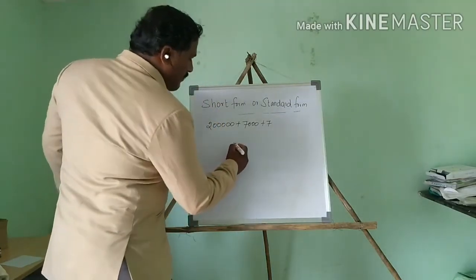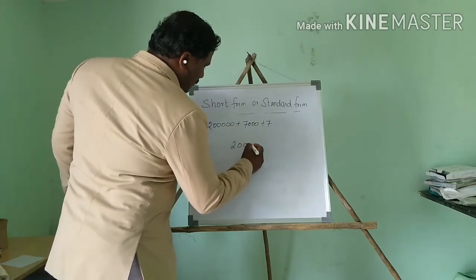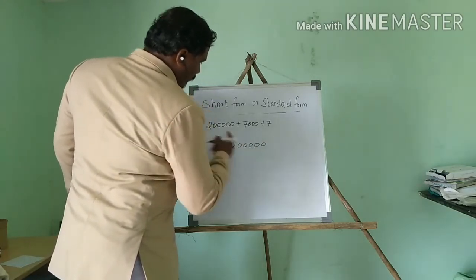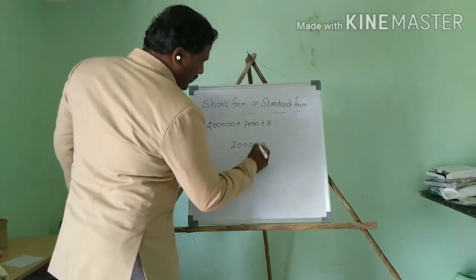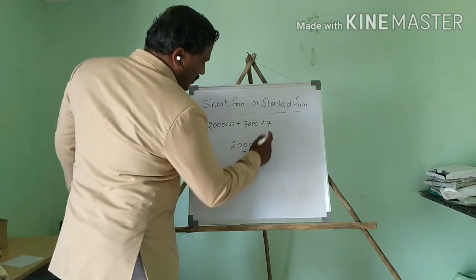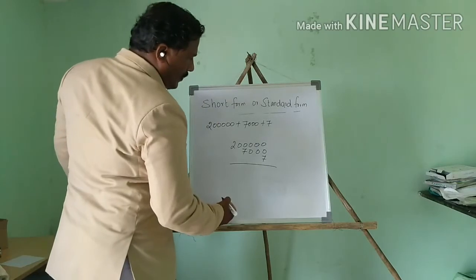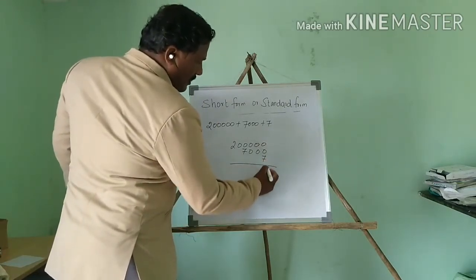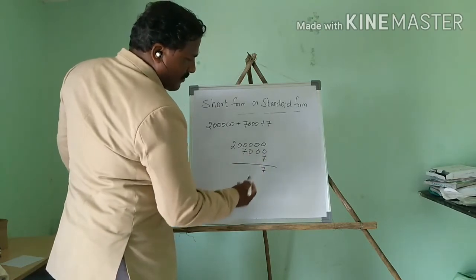First I will take this expanded form. First I will write this number 1 2 3 4 5 0. Then another 7,000. So another 7. You add 0 plus 0, 7, 7 only.